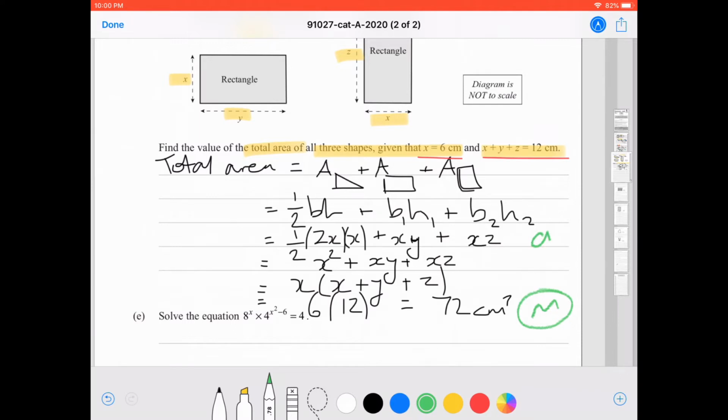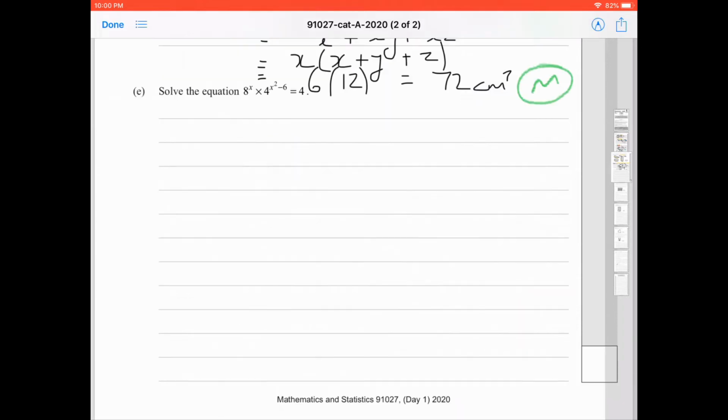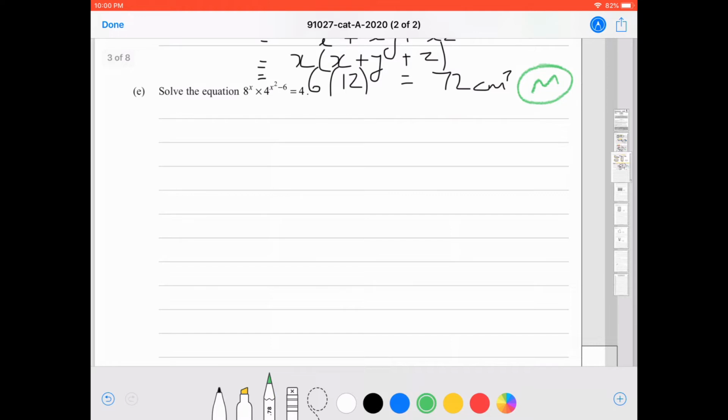Okay, moving on to question 1e now. The question asks us to solve the equation 8 to the power of x times 4 to the power of x squared minus 6 equals 4.